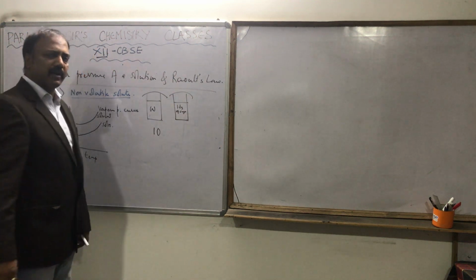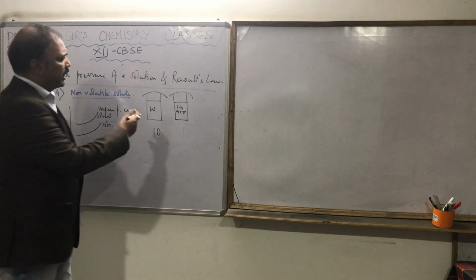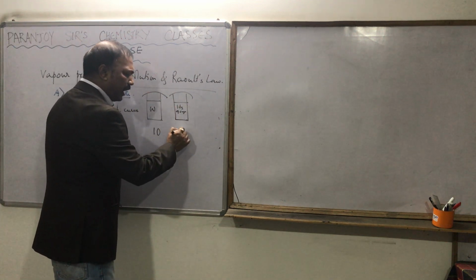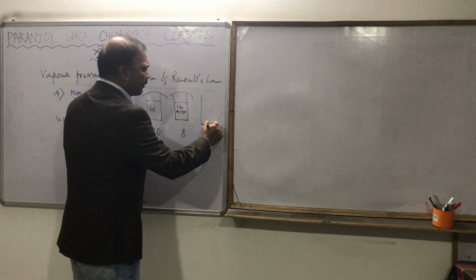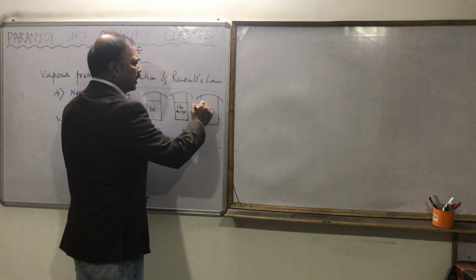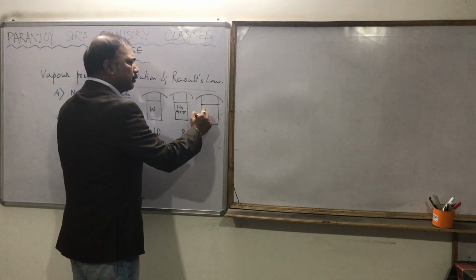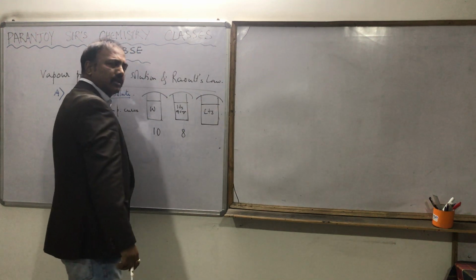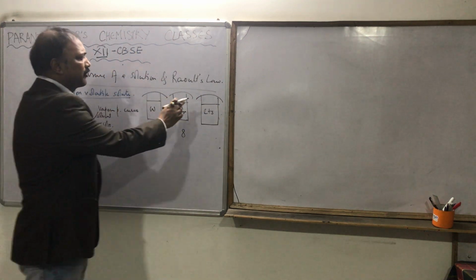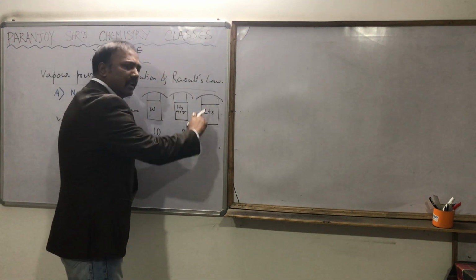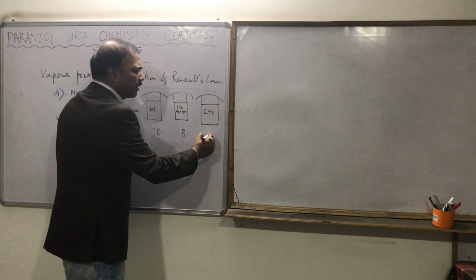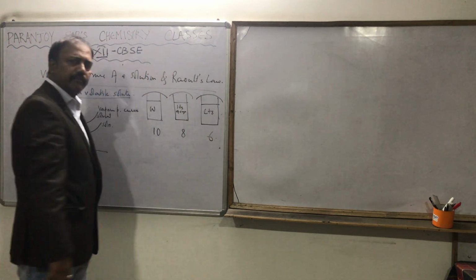So obviously its vapor pressure will be lowered. Let the vapor pressure is lowered to 8. Now I had taken the same amount of water in another container and I had added 2 teaspoons of sugar. So obviously less number of solvent molecules are available at the surface. So the vapor pressure will be further less. So the vapor pressure is becoming suppose 6.